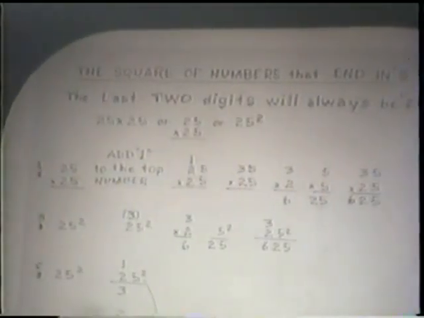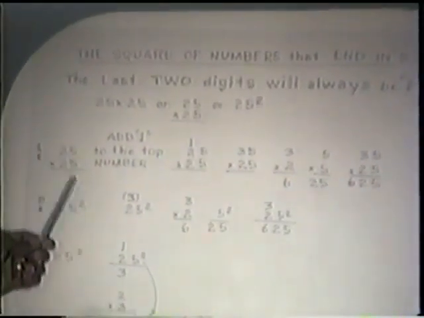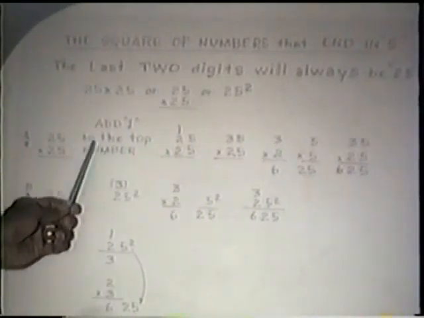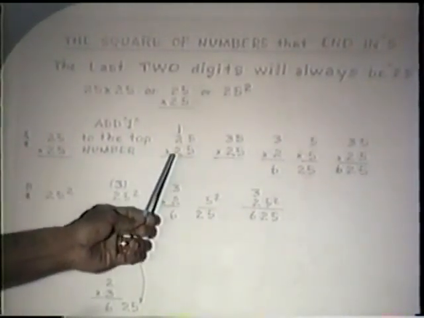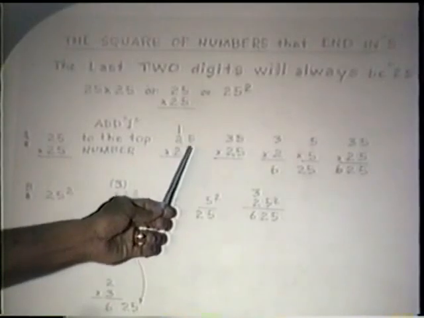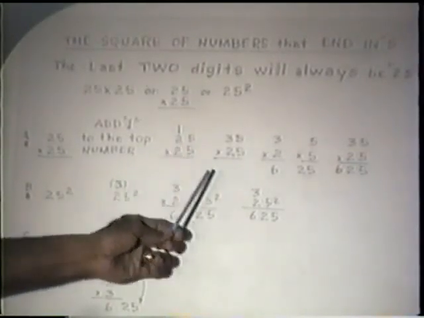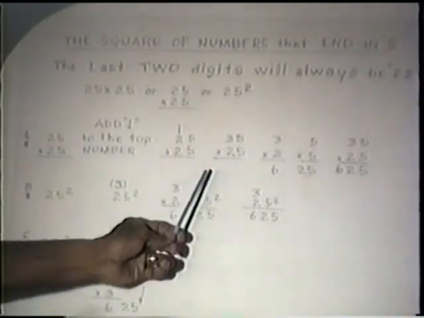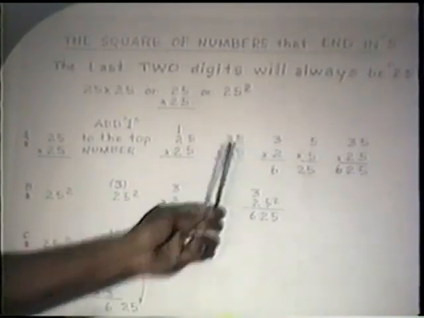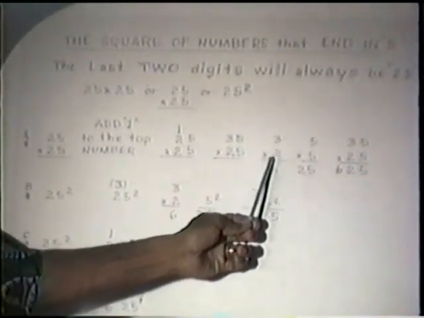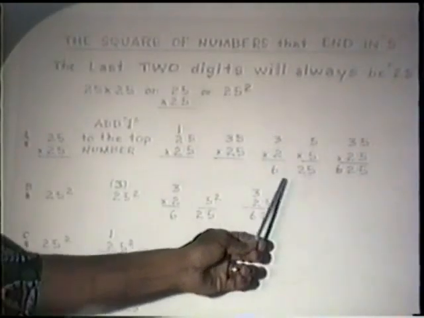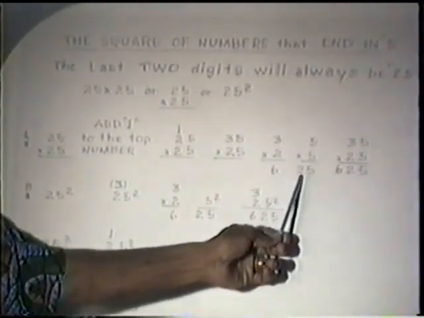How do we do that? 25 times 25, you add 1 to the top number. So we have 25 times 25, add 1 to the 2, which makes it 3. So now we have 2 times 3 is 6, and 5 times 5 is 25.